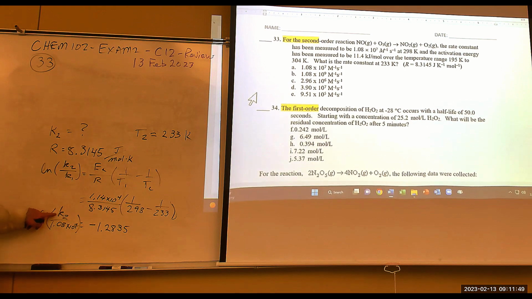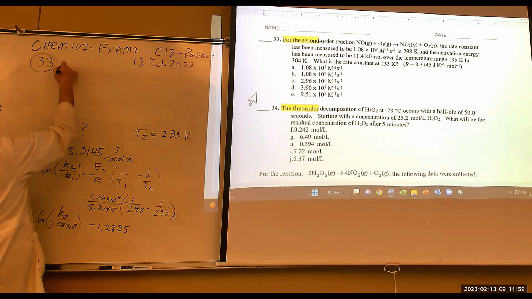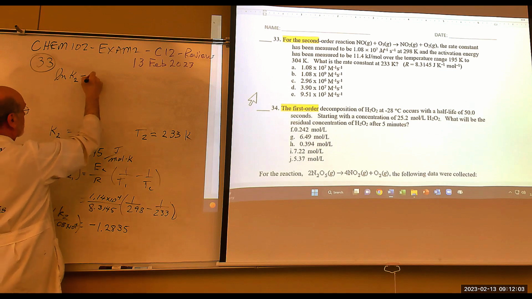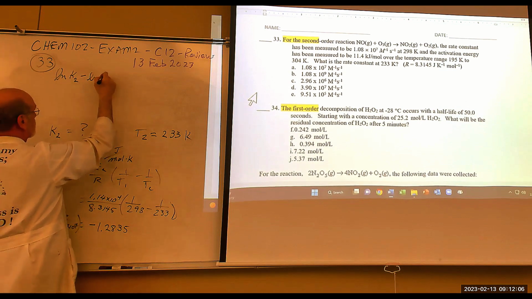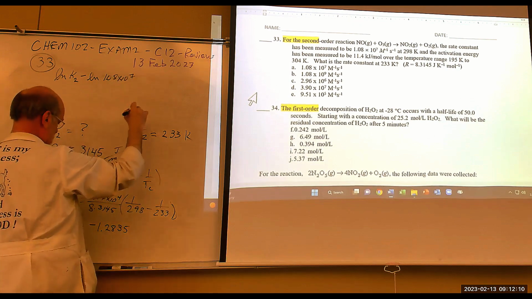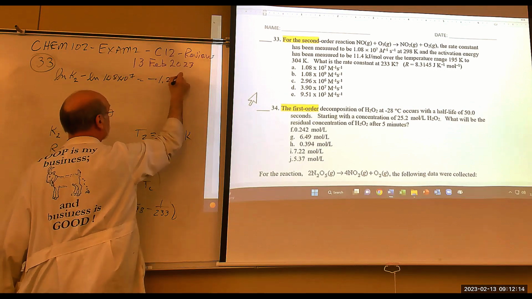The log of A divided by B is equal to the log of A minus the log of B. So we would say the natural log of K2 minus the natural log of 1.08 times 10 to the 7th. And that's equal to a negative 1.2835.